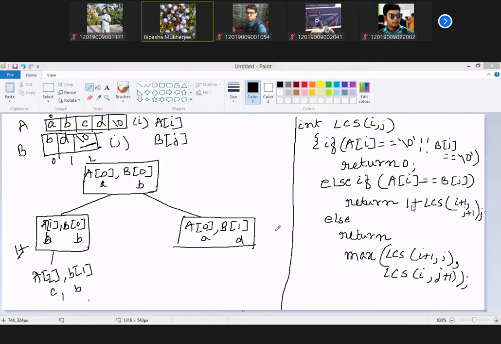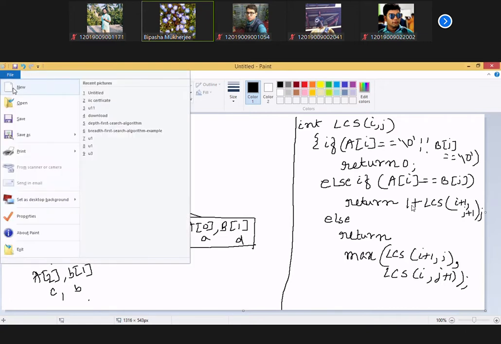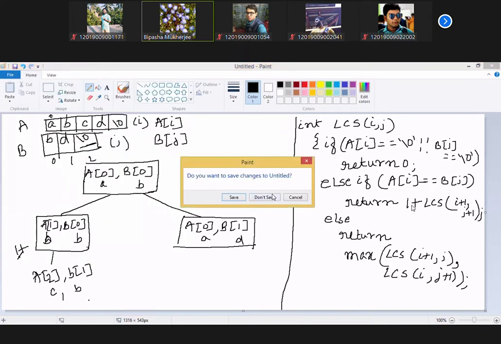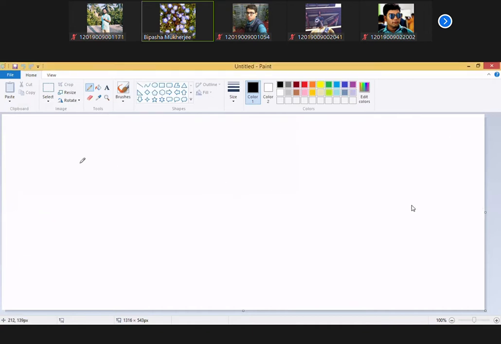Now, this approach is the normal recursive approach, and we have understood that you can solve it. Obviously, you can solve it using the recursive approach, but it will be time taking. So that's why another approach is there.